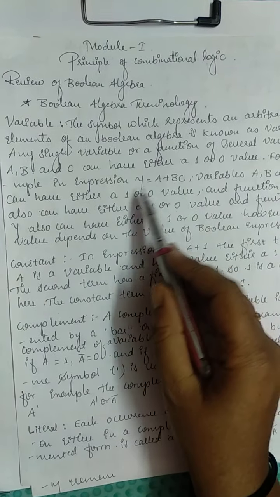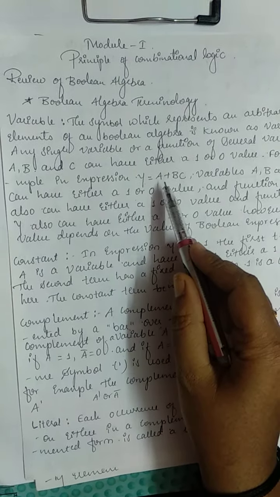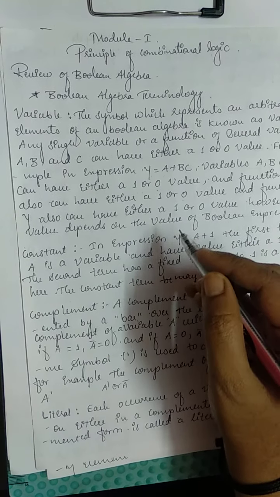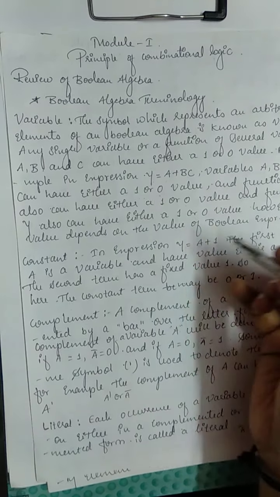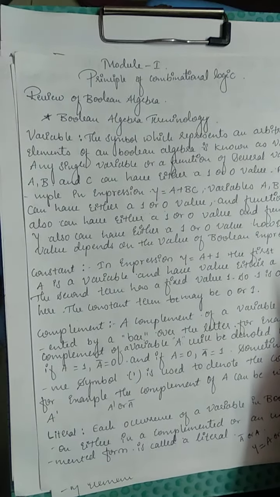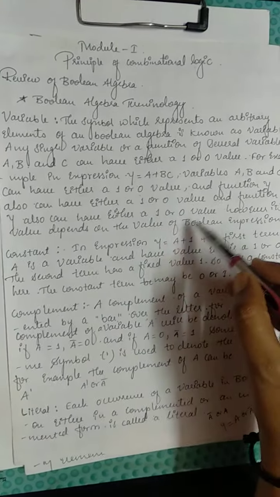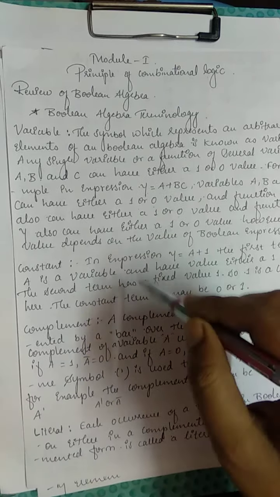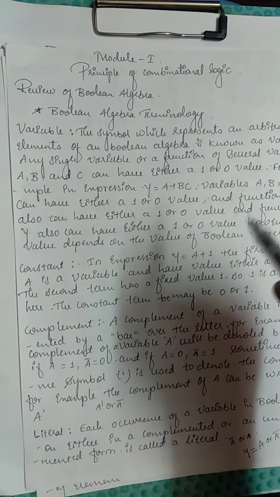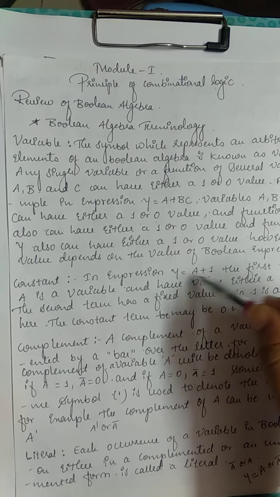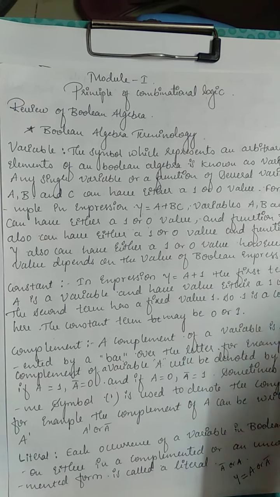Then the Boolean function for the variable is y equals a plus bc. The value of these variable functions will depend on the Boolean expression. Under the constant, the Boolean expression is y equals a plus 1.